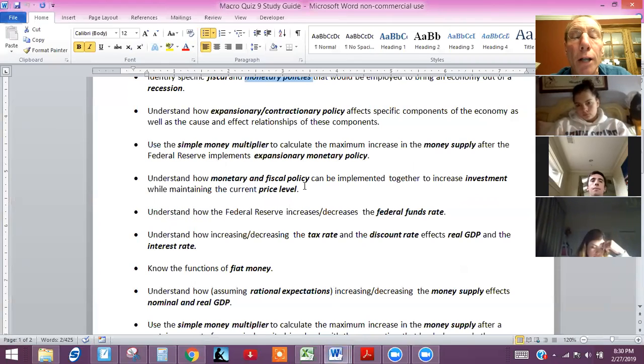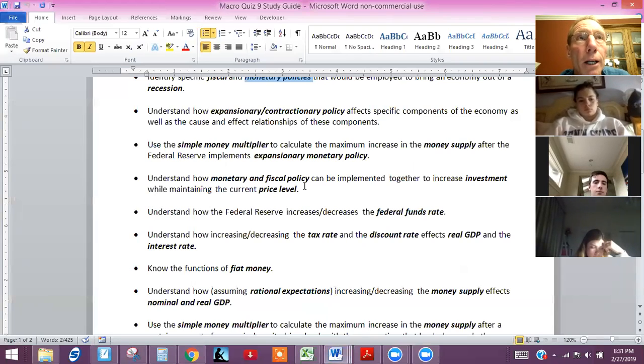What they're really trying to do is shift supply to the right. If you think about it, if there is capital investment, that's going to change aggregate supply. So this is why it gets complicated.